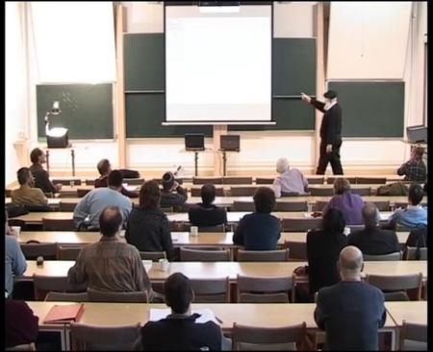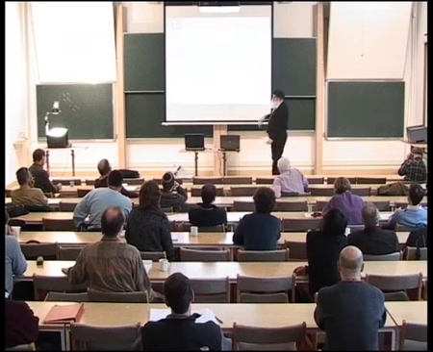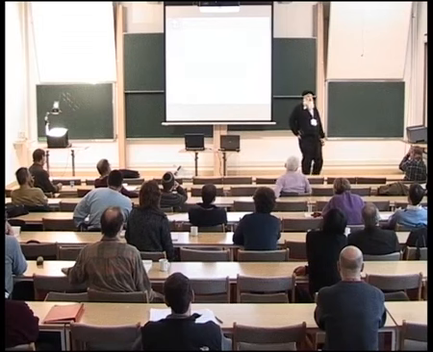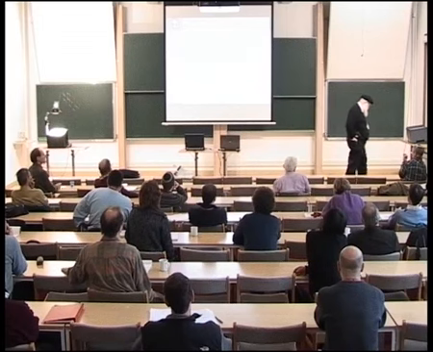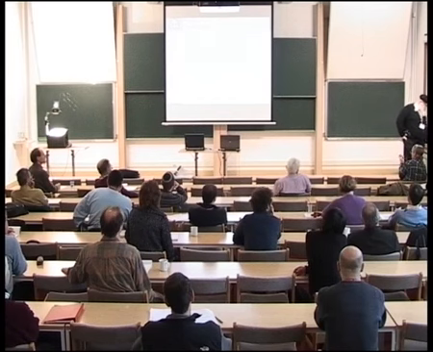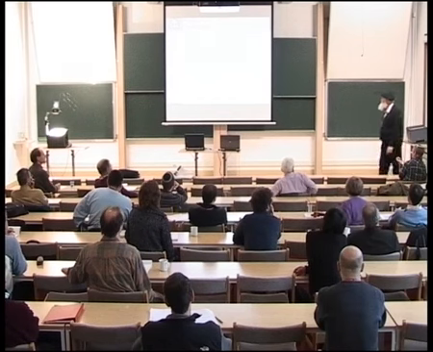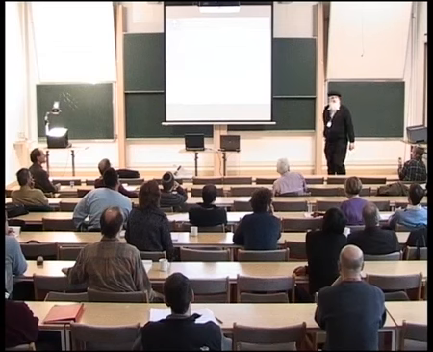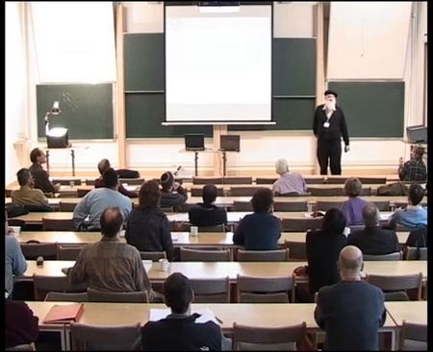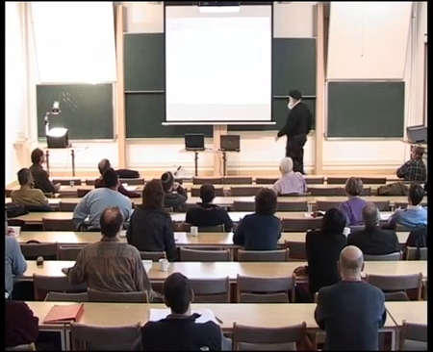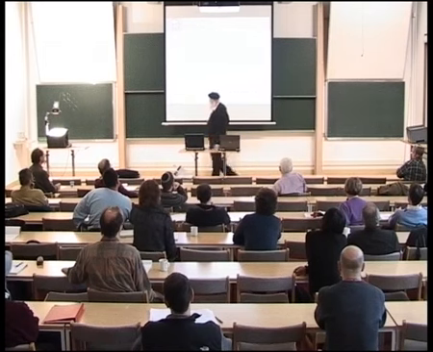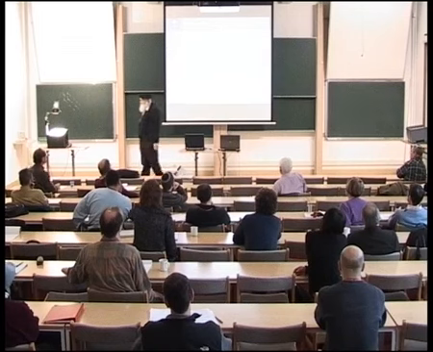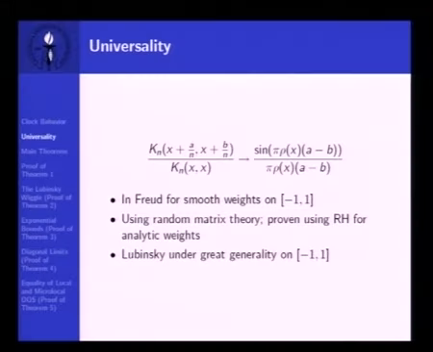And so this result, without knowing about Freud, was recovered by Arno Kuijlaars and one of his students for analytic weights. Much stronger hypotheses than Freud. And Lubinsky found this in his first approach, this wonderful, elegant way of doing it on an interval.